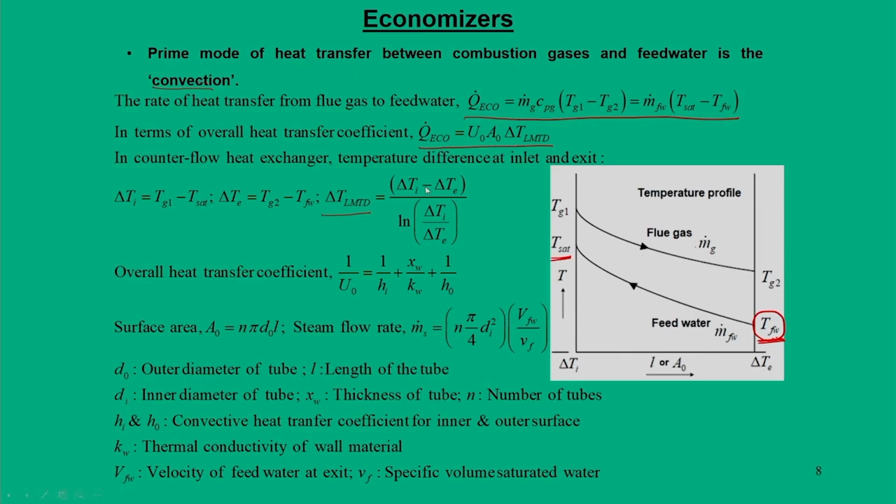Once you know this, our end requirement is the surface area requirement, the number of tubes, and the length of each tube, through which the water has to be inserted into the economizer unit.